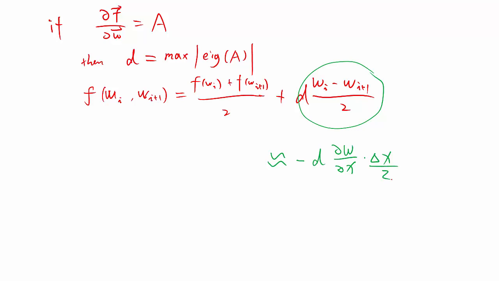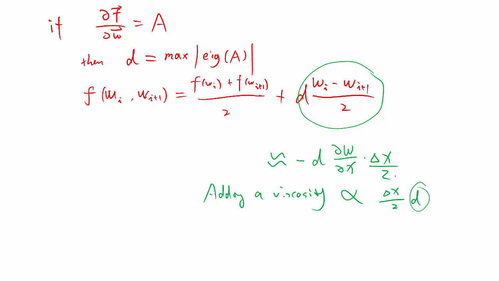So it is like adding a viscosity term into the flux that is proportional to half of delta x times D, where D is the max eigenvalue of the Jacobian.